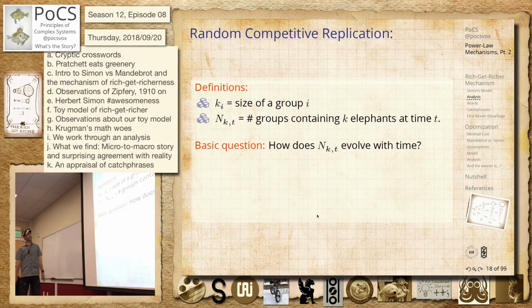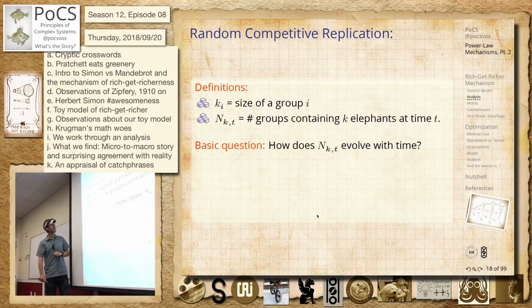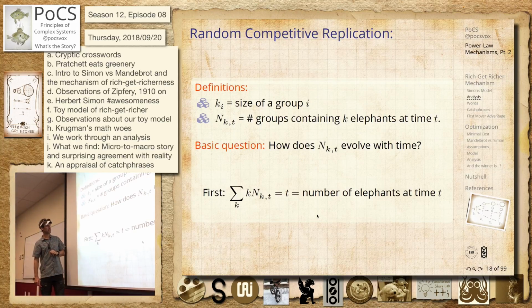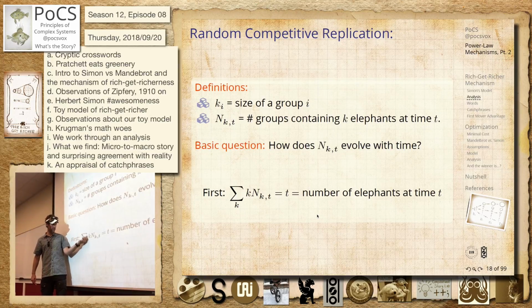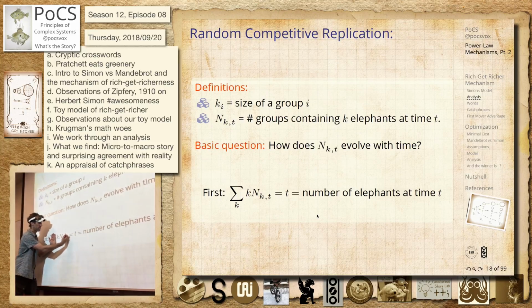So how does this evolve over time? We're trying to get a probability distribution or a Zipf distribution. We know they're connected, they're swaps of each other. So we know a couple of things. At any point in time, if we sum over k of n sub k times k, the number of groups of size k multiplied by the number of elements, this adds up all of the elements in groups of size k.